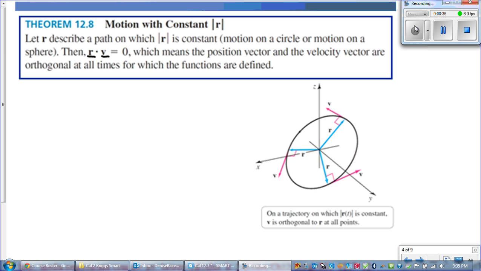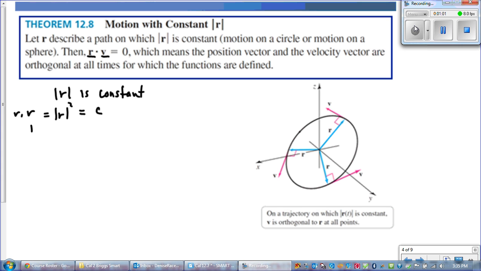Let's say that the magnitude of R is constant. That means that the magnitude of R squared is a constant, and we'll just call that some constant C. But the magnitude of R squared is the same thing as R dot R. So now I want to take the derivative of both sides.